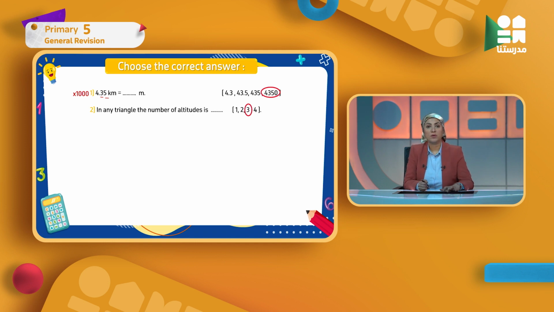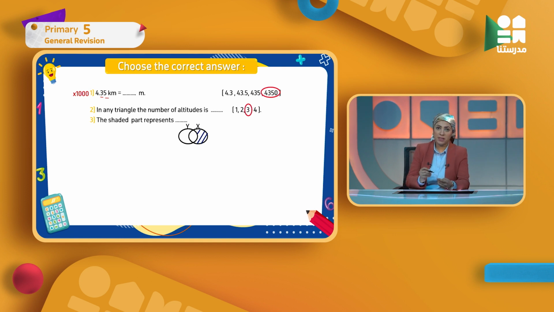Now, question 3. The shaded part in these 2 sets represents what? I have here the 2 sets y and x, and I have a shaded part in set x. And I want to know this shaded part represents what or means what?